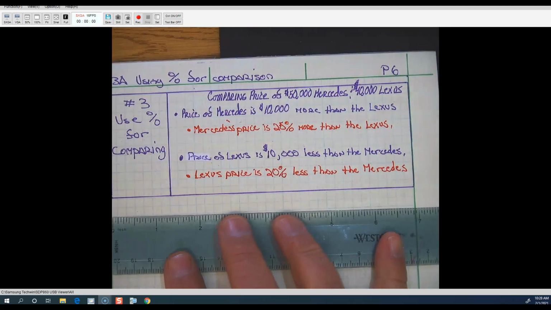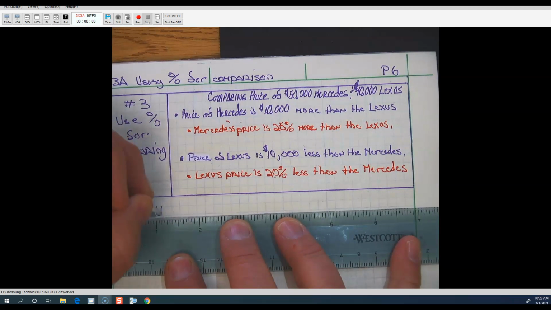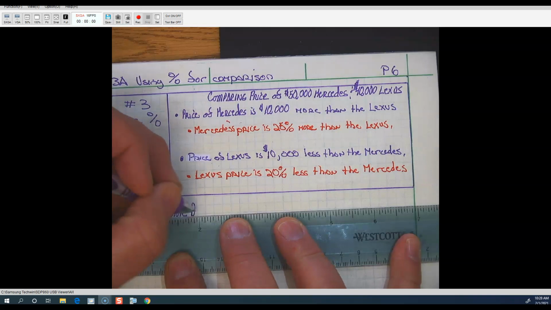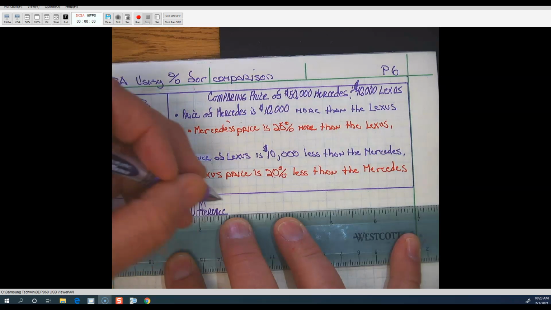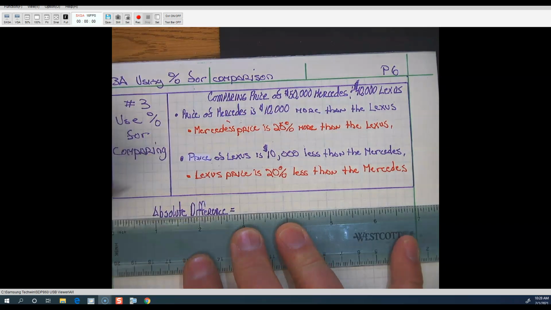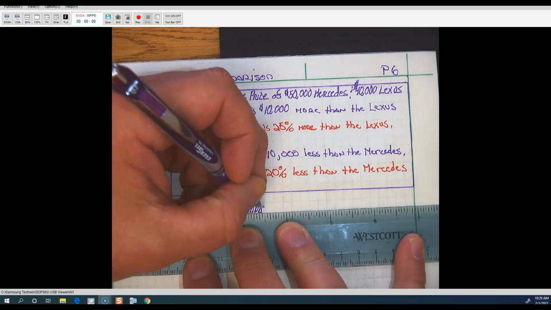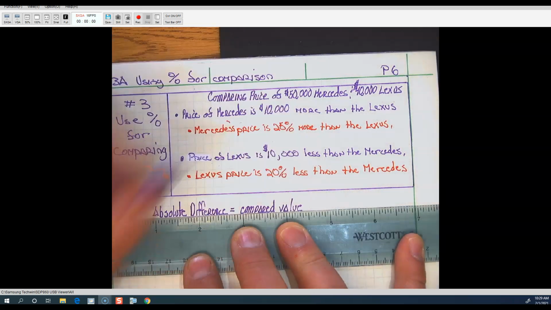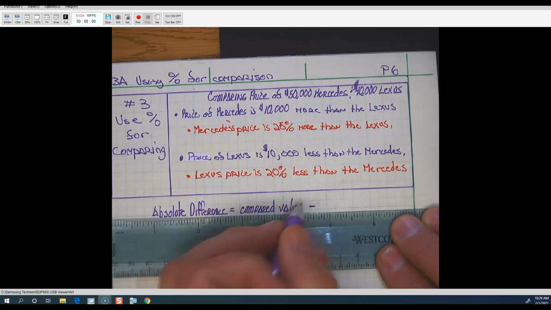All right, so our absolute difference is just taking the two values and subtracting them. Absolute difference. Okay, to get the absolute difference, you take the compared value and you subtract the reference value.